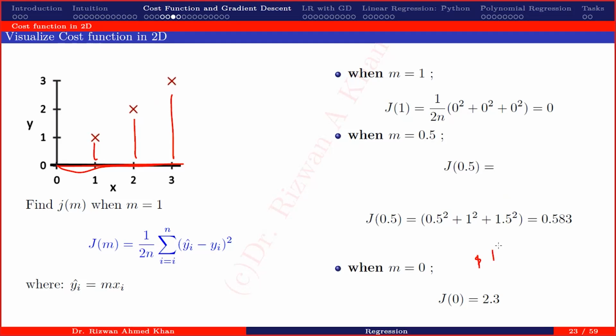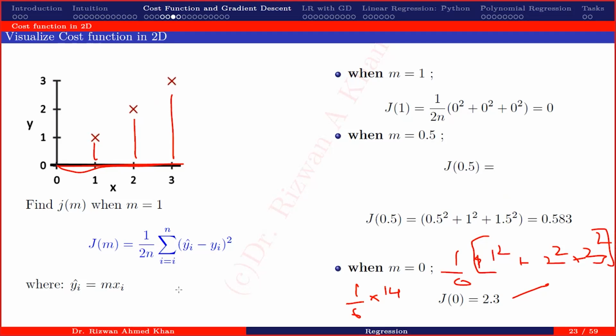So it would be like 1 squared plus 2 squared plus 3 squared, and this is multiplied by 1 over 6, 1 over 2n. So this would be 1 over 6 multiplied by 14, and you can get this.